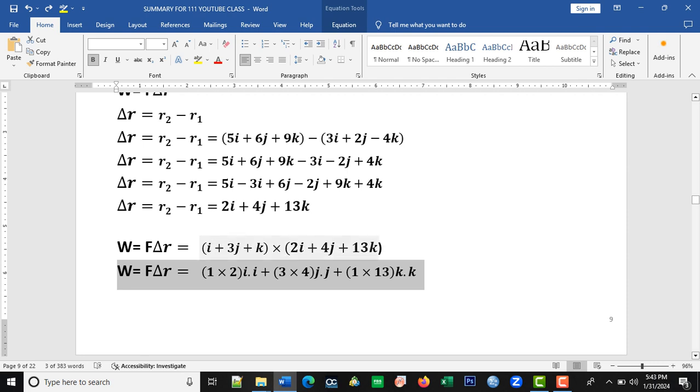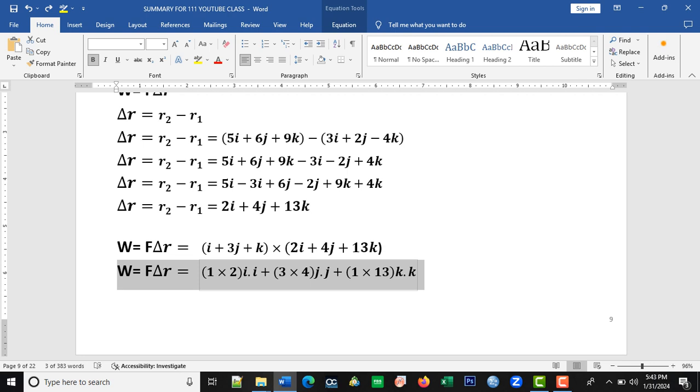So 1 times 2i will give us 1 times 2, i dot i, plus 3j times 4j will give us 3 times 4, j dot j. Then 1k times 13k gives 1 times 13, k dot k. Remember that i dot i, j dot j and k dot k will give us 1.